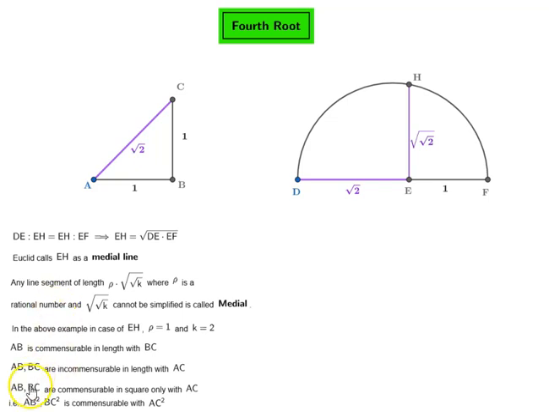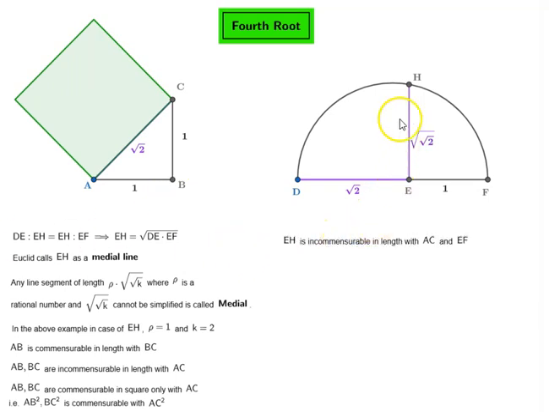When he says AC square, remember, he is not talking algebraically. He is talking geometrically by actually drawing a square on AC and a square on AB and a square on BC. Okay, now coming to this side, EH is incommensurable in length with AC.